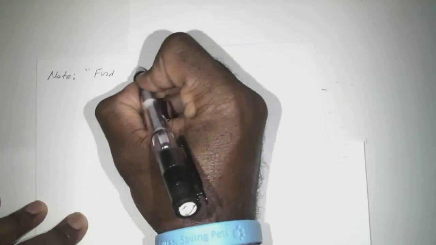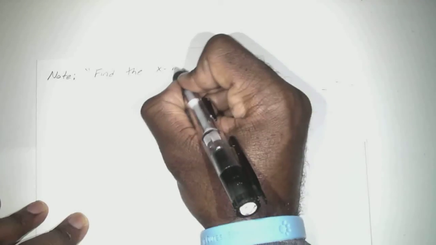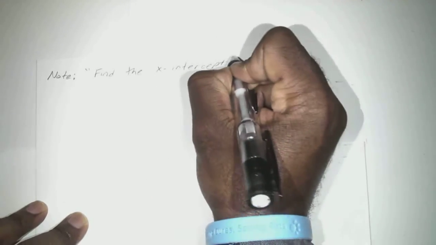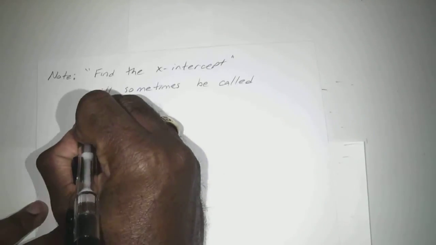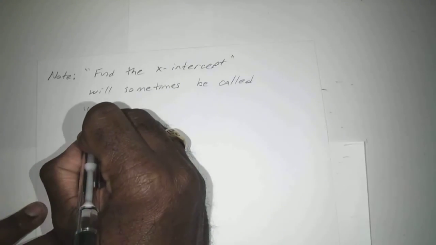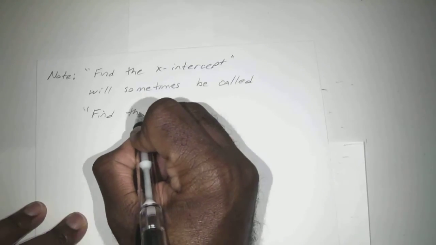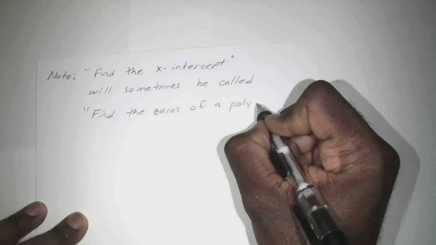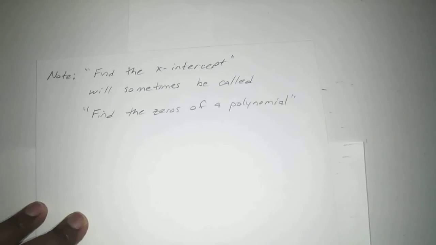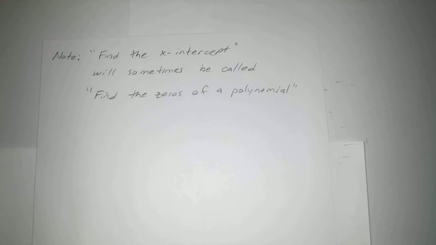Finding the x-intercept will sometimes be called finding the zeros of a polynomial. So if you see them say find the zeros, they're just saying find the x-intercept.